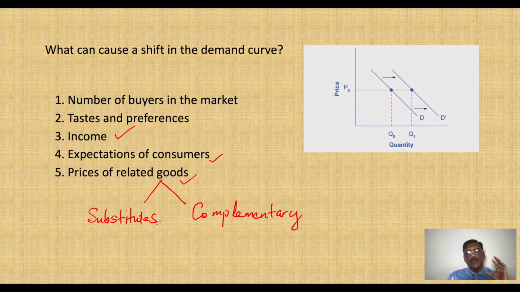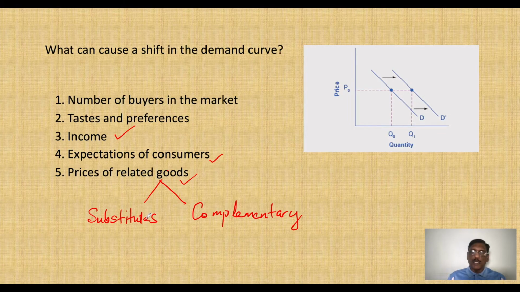Substitutes are those, of course, as the name suggests, where you can substitute a product or a service. For example, a classic example would be bus services and LRT services. They are substitutes. Now, what will happen?